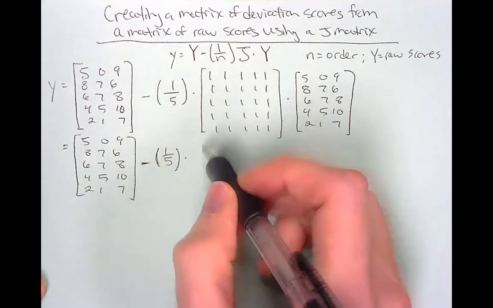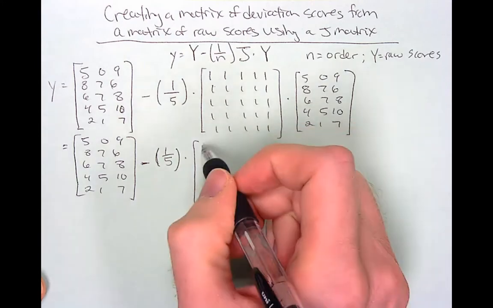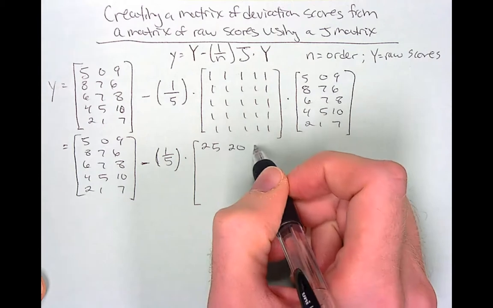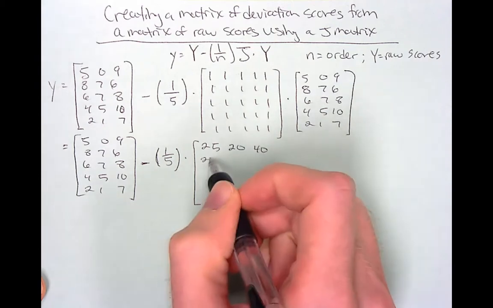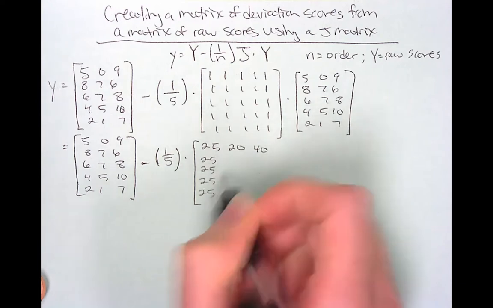So this 1 over 5 times what we get, which we mentioned before in the previous video, we get column sums, and they turn out to be 25, 20, and 40. And they just go down into each row here.